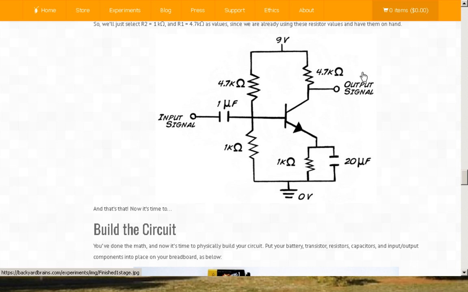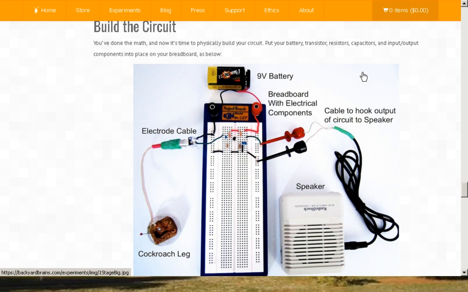See, those resistances are different. We could probably run Multisim and build this. Cockroach leg.